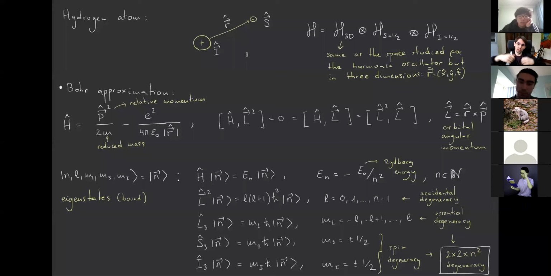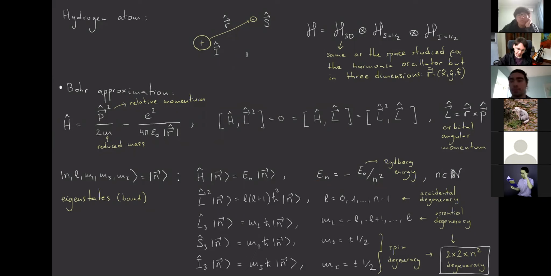Therefore, for large distances, these states are basically plane waves, or eigenstates of the relative momentum. But we don't care about these states. These are not proper atomic states. These are scattering states. So we care about the bound states with negative energy.